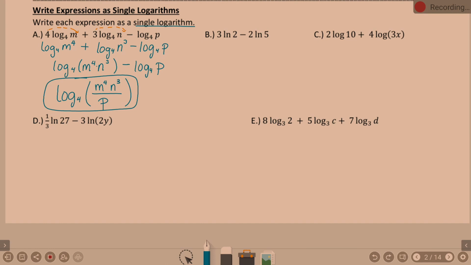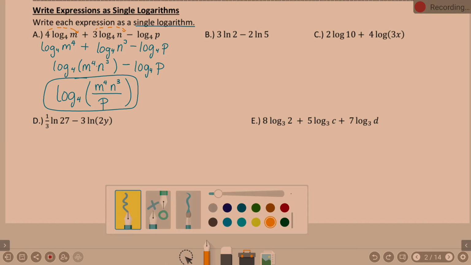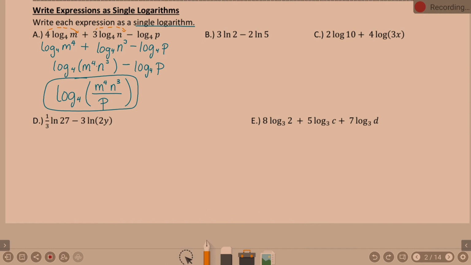Let's try B: 3 natural log of 2 minus 2 natural log of 5. What is your step 1? Power property. And here's what I'm going to say: don't try to use product or quotient if you have numbers out in front. Get those numbers out of the front first.